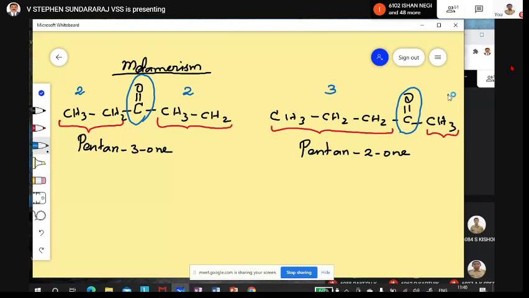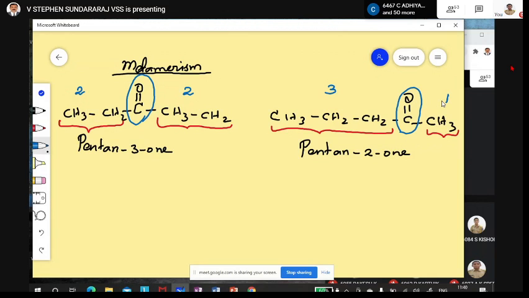So 2 plus 2 is 4, and 3 plus 1 is also 4. But the distribution of carbon atoms, or alkyl groups, on either side of the functional group differs: both sides ethyl in one, propyl and methyl in the other. The total is 4 carbon atoms, but the distribution is 2 plus 2 and 3 plus 1. So it comes under metamerism.